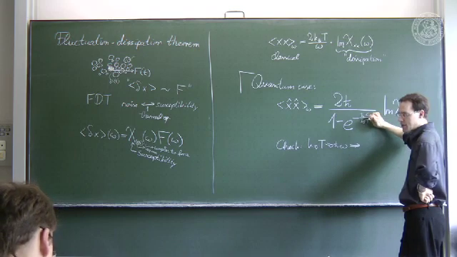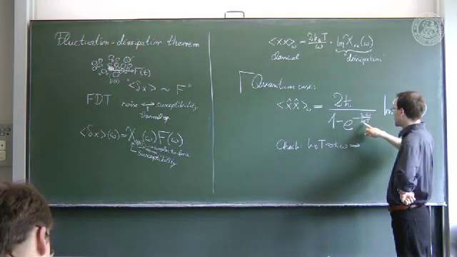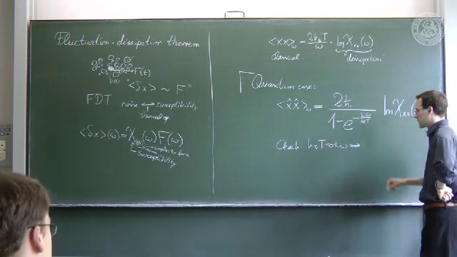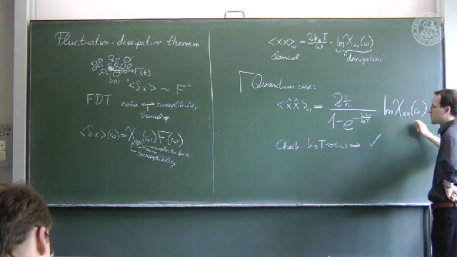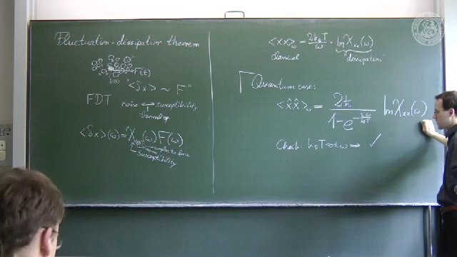H bar omega over kBT is small. So you expand it in a Taylor series, the one cancels, and what you're left with is just 2 times kBT divided by omega. So that simply reproduces the classical case.